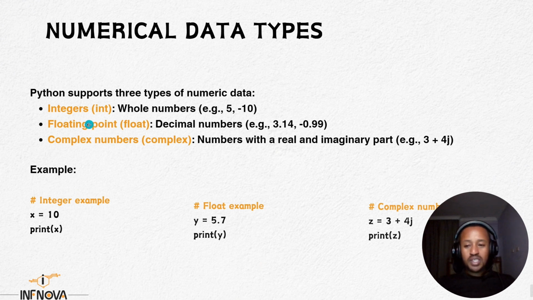Whenever it includes a decimal point, then we call it a float data type because it does have a floating point after the whole number. A complex number is just a complex number which includes the real and the imaginary number together.